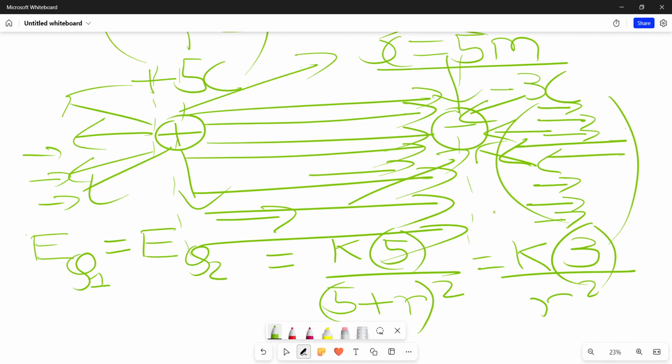The k's drop out. Considering it to be in one variable, you can solve for r, and that is where the E field is 0.